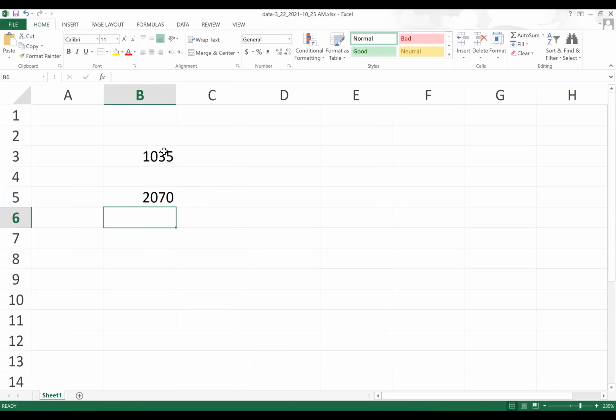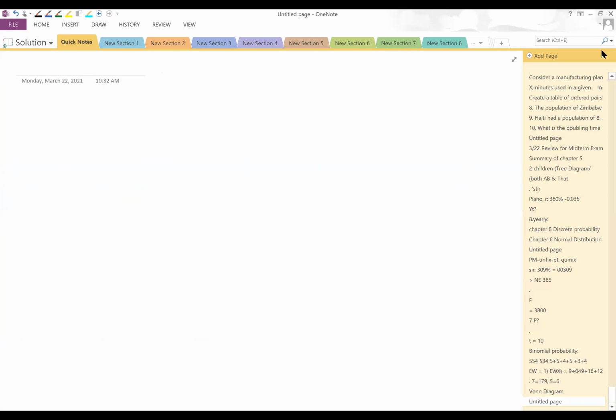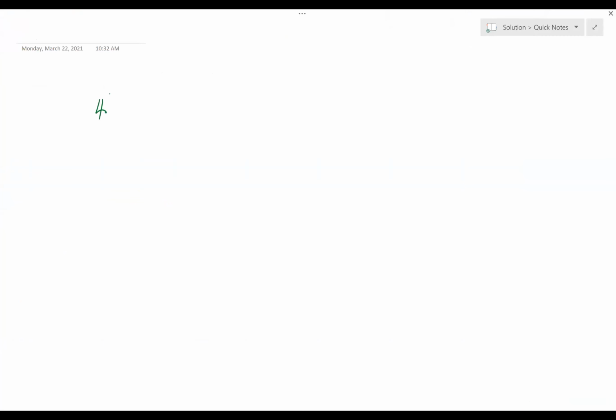Okay, I can also show you how to do it by hand, right? No problem. For this, it's 4062. Let me show you really quickly how to do that by hand, just in case you want to do it by hand. So we got 46C2, NCR, right?